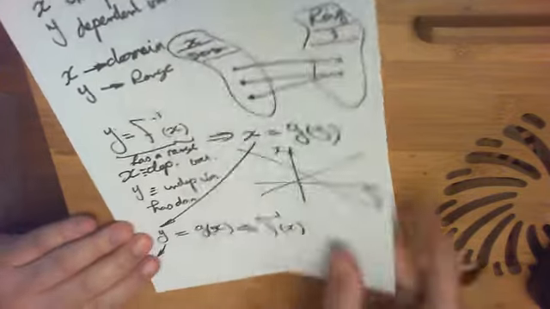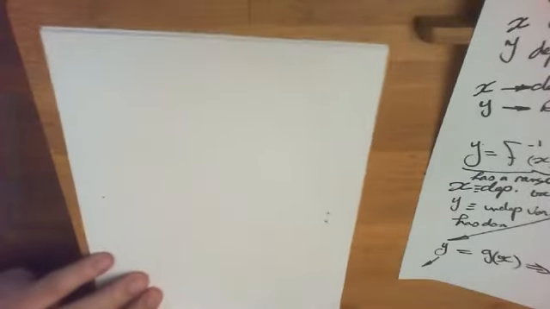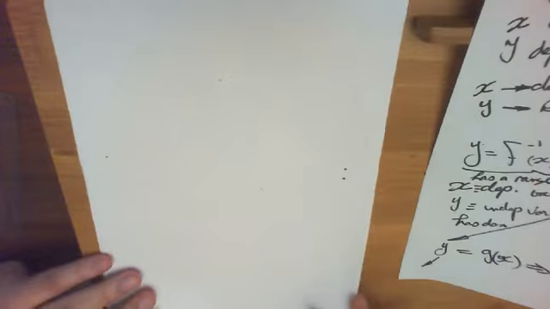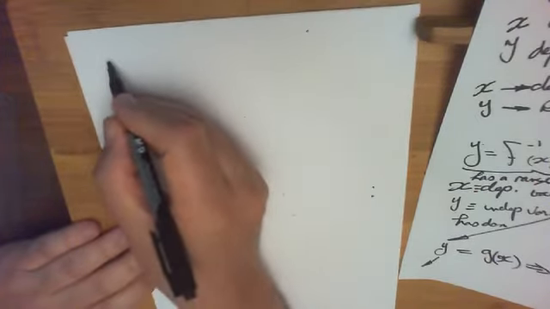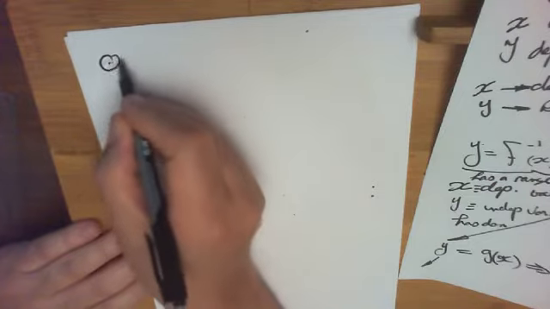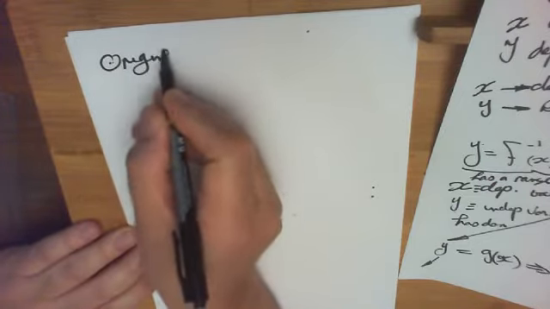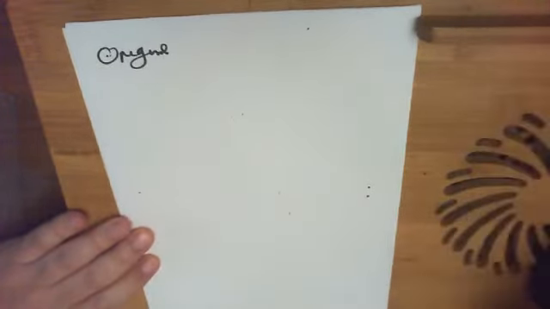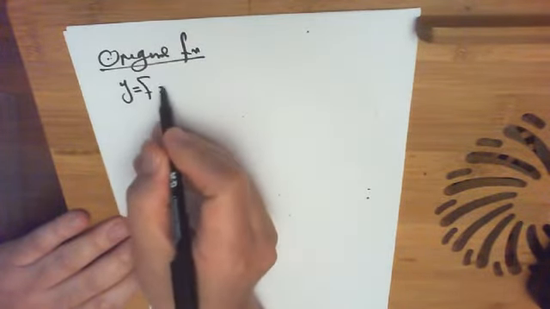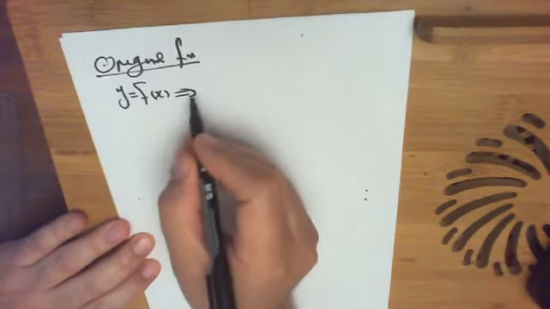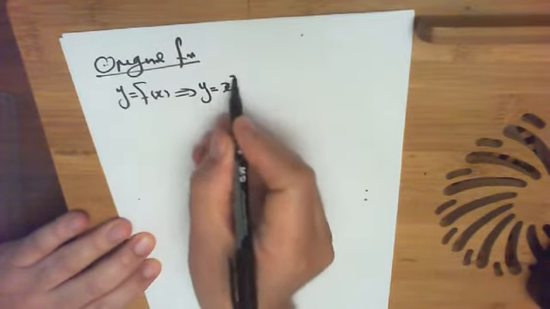Okay, now let us take a simple example. Say we have the original function y equals f of x expressed as y equals x cubed.